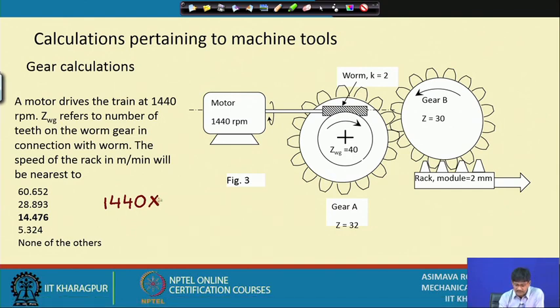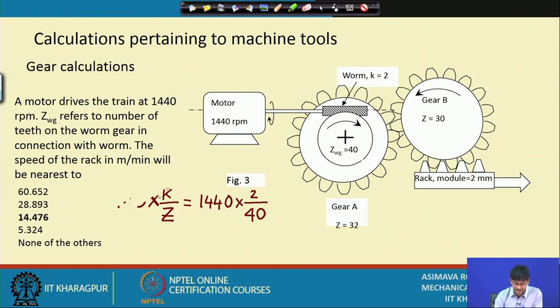Speed ratio is already known, K by Z, which means this is nothing but 1440 multiplied by 2 divided by 40. So far so good.